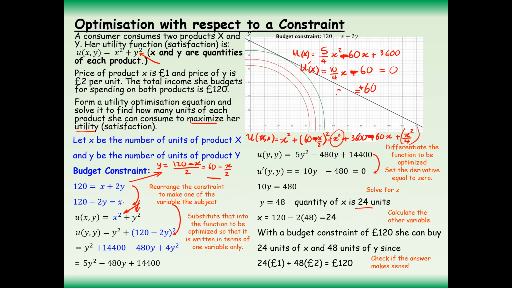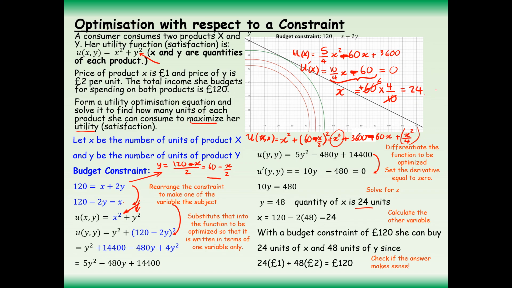So here we are setting this equation equal to 0 because there was a minus sign there. To solve this equation, we would have got 60, and we would have needed to multiply it by 2 over 5 to get x on its own. So multiplying that means that 6 times 4, which is 24.